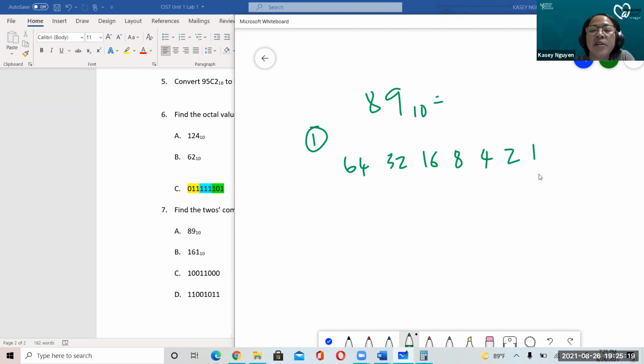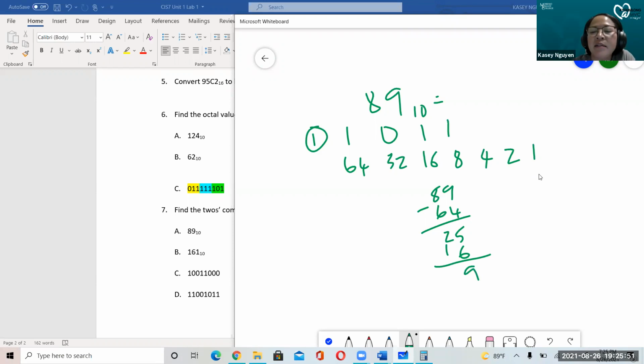So I'm going to use the subtraction method. 89 minus 64, I put a 1 on top. That gives me 25. 25 is less than 32, so I put a 0. 25 minus 16 gives me 9.